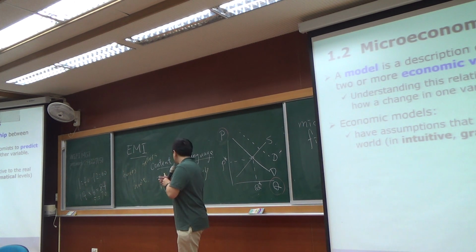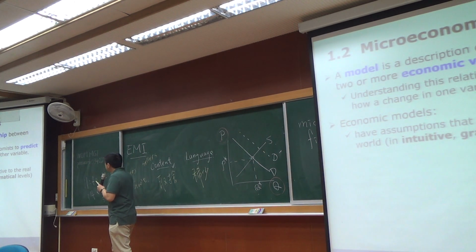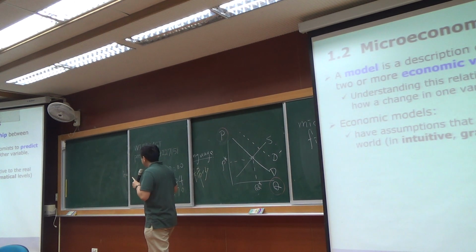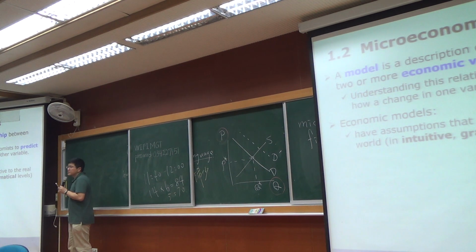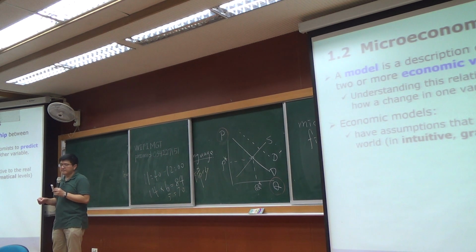Okay? So for example, you want to tell your friends who is not an NCU student, and who comes to NCU to visit you, and you want to introduce them how to meet you on Thursday morning, so you are in this classroom, and you want them to meet you, say, at 12 o'clock.